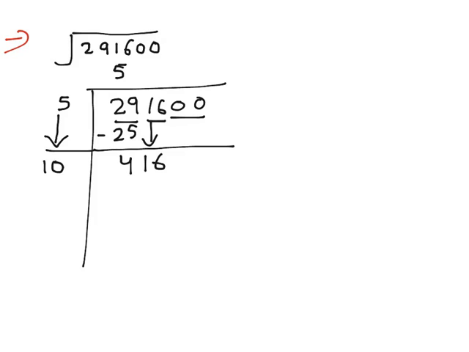So now we have to find a digit with which, if we multiply, we get a number less than or equal to 416. If I take 103, then we have to multiply it with 3, that will give 309. That is much smaller, so we will go with the next digit, that is 4.